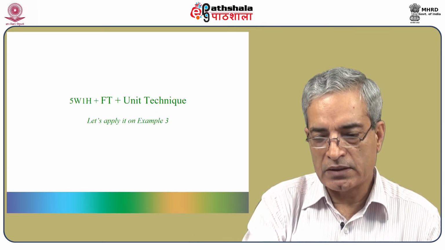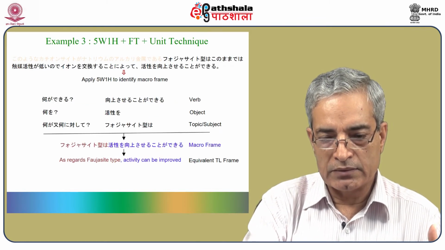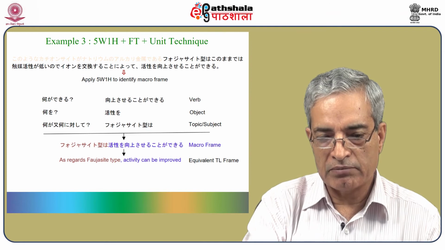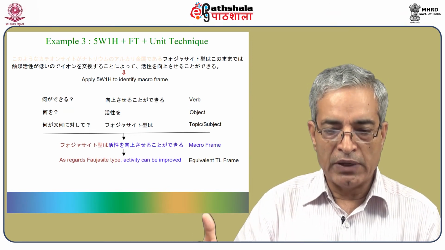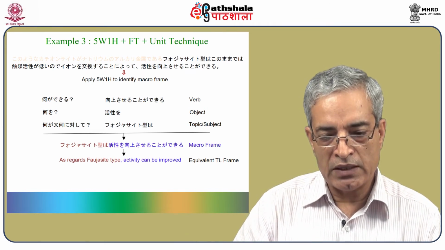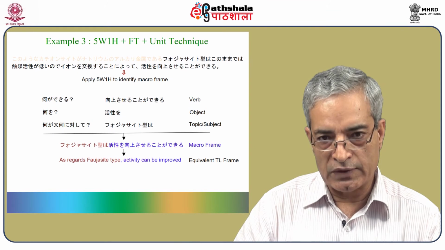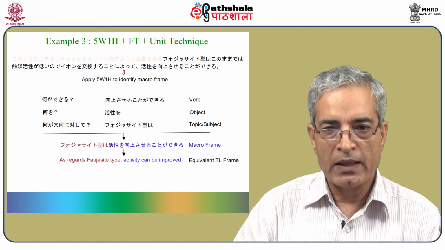Let's apply this particular technique on example 3, and the example remains the same as the previous example. We are picking up the main frame and trying to identify the macro frame out of this. "Nani ga dekiru, kojo saseru koto ga dekiru", we have done in the previous one. "Nani o kaseo kojo saseru koto ga dekiru.